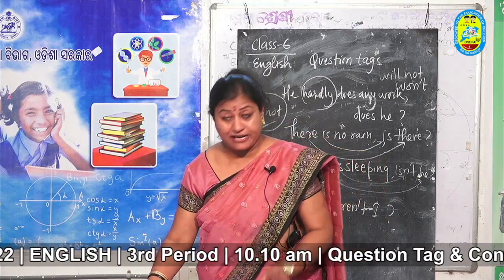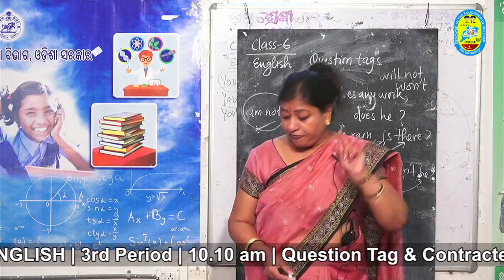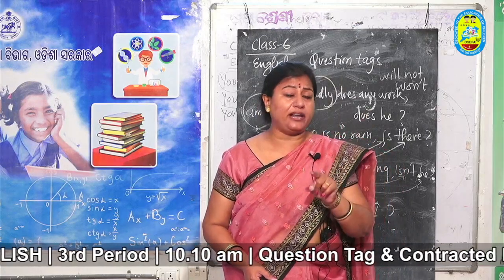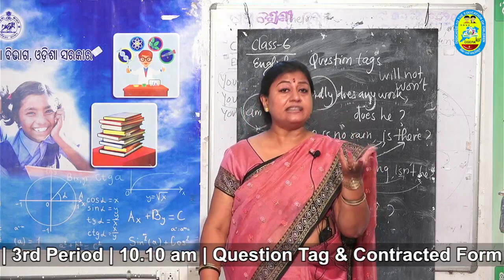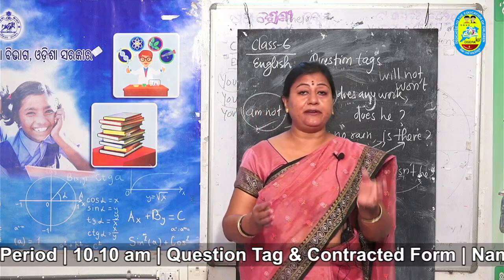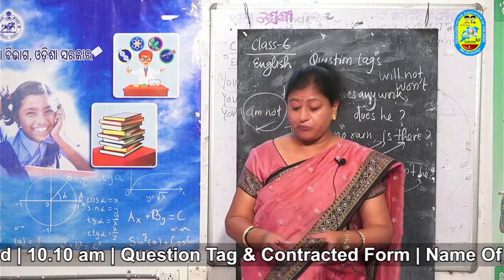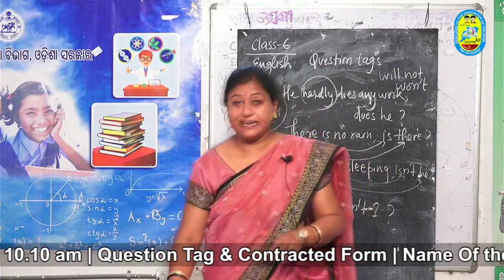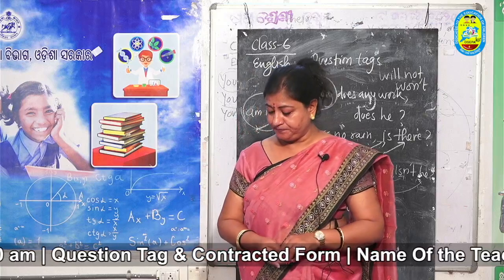So rule number 4 is done. Rule number 5: each, everyone, everybody, nobody. These are singular, okay? Singular, hence they will take a singular question tag. Everyone, none, everybody, these are singular words. It will always take a singular question tag. For example, everyone has come.